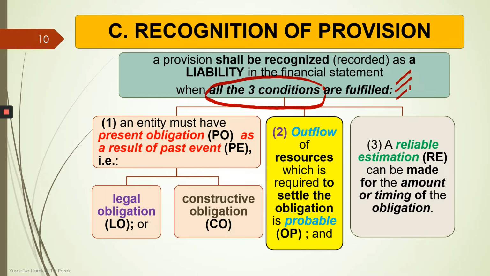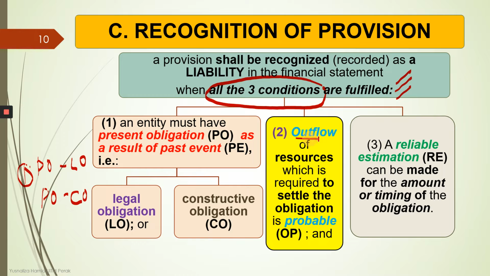Number 1, there should be a present obligation as a result of past event. I've already explained this. Present obligation, either legal obligation or constructive obligation, either one. Right? So now this one must be fulfilled.